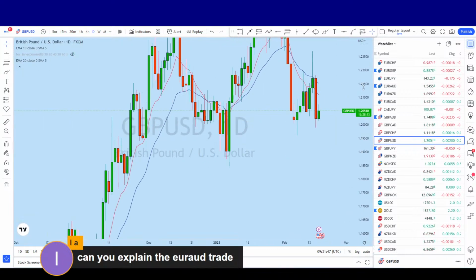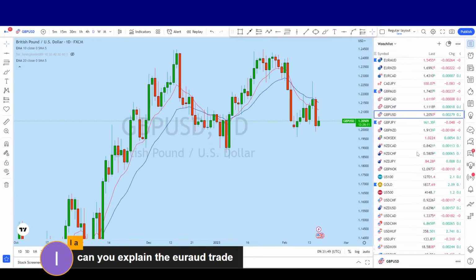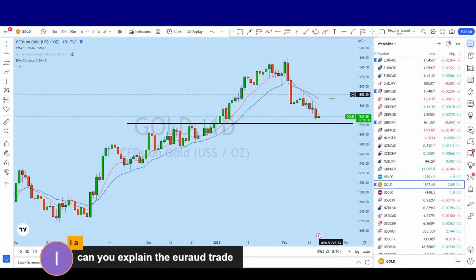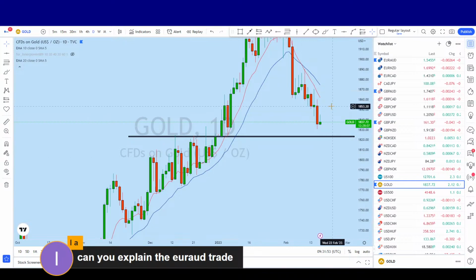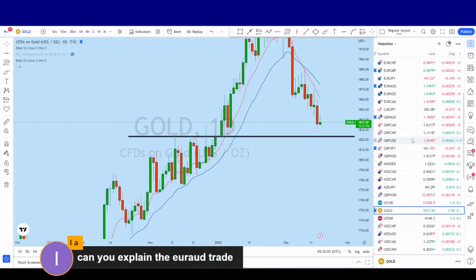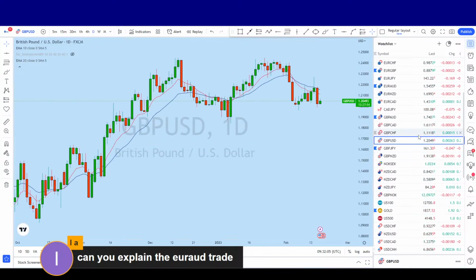So all of them, including GBPUSD, and gold also, I think they will drop further. Any one of you have got a gold pending order here for the buy at 1824?